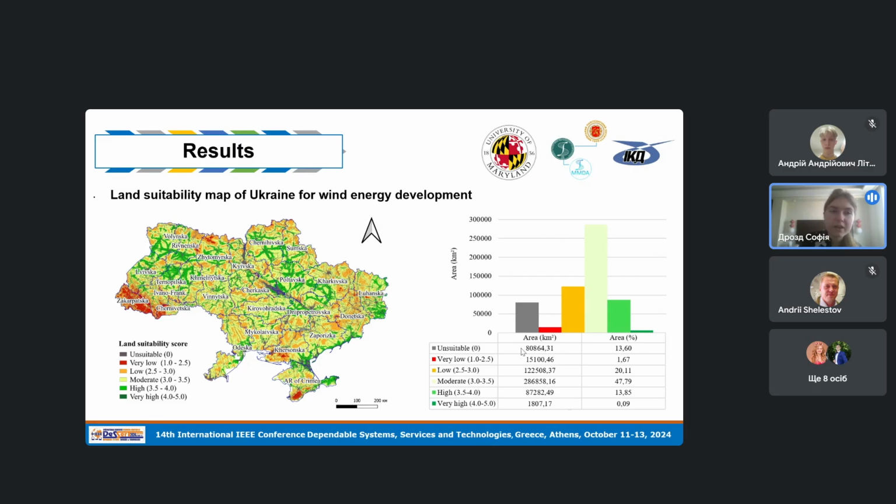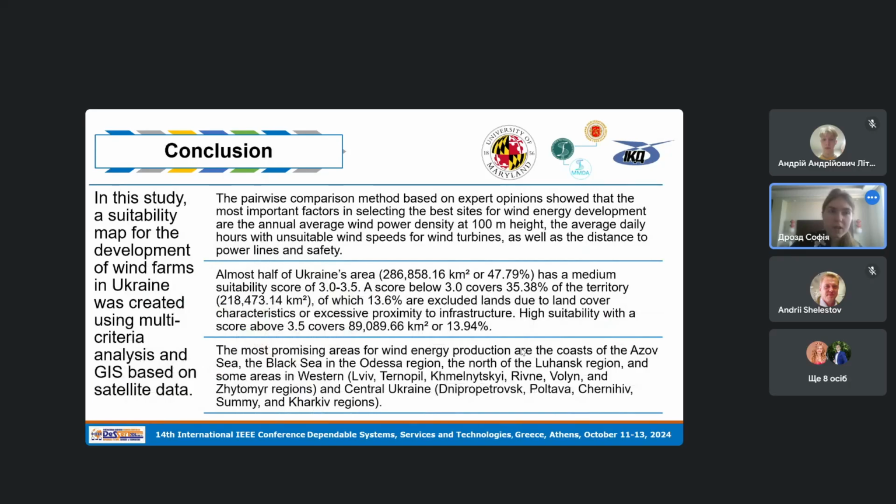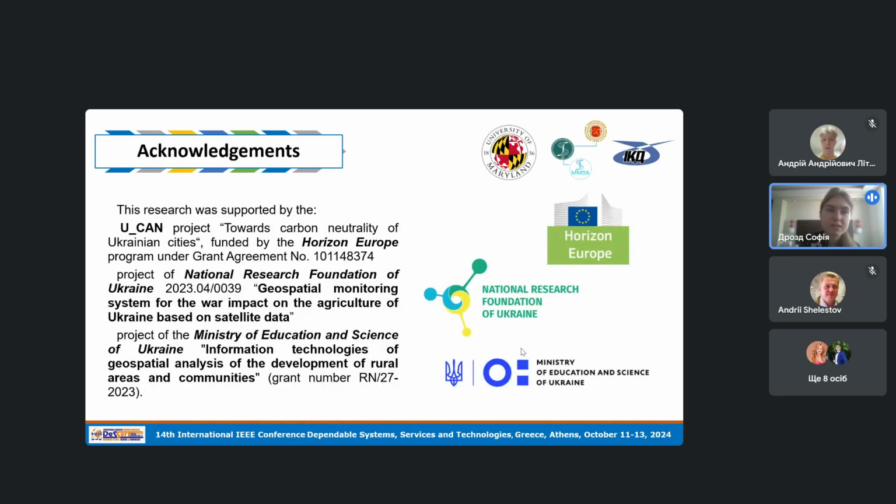That means that Ukraine has high potential for wind energy production. So it was a short preview of my presentation, and I will do it tomorrow offline. It's also worth noting that this project was supported by the UCAN project under the Horizon Europe program, and also by the National Research Foundation of Ukraine and the Ministry of Education and Science of Ukraine.